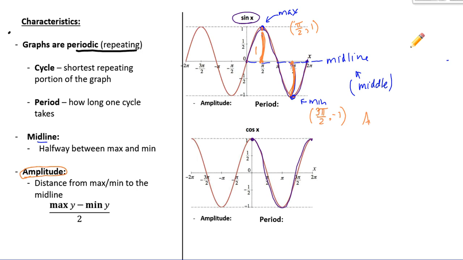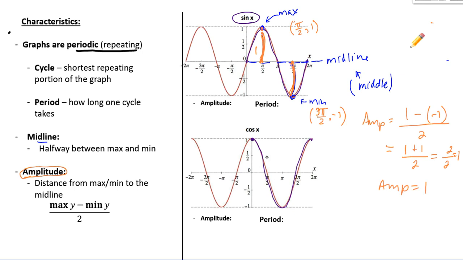So to find that amplitude, we're going to take the maximum y, which was 1, minus the minimum y, which is -1, over 2. So on top, that's actually 1 plus 1. The bottom is 2 over 2, or 1. So our amplitude is 1.